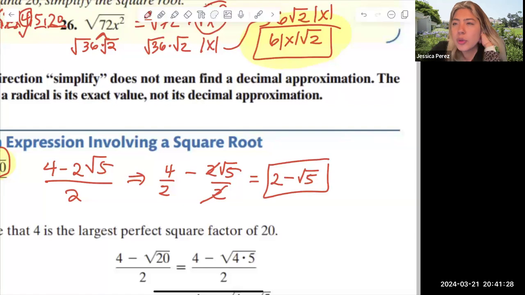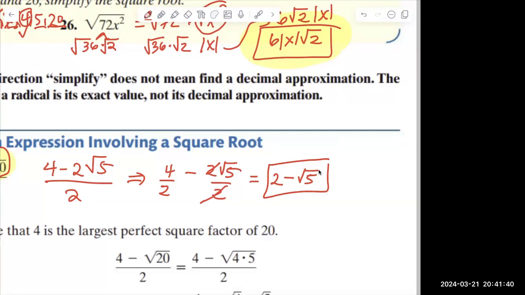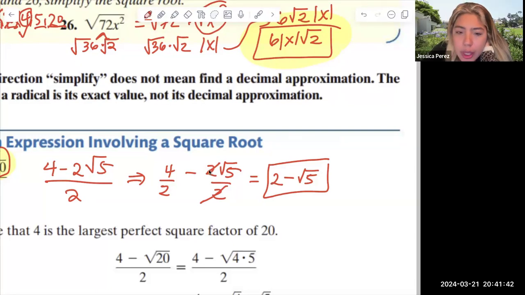Who told me about this one? I think it was you, Ariel, that you can only cancel when you have a unique 2, right? So we split the 4 divided by 2 minus the 2 root 5 over 2.